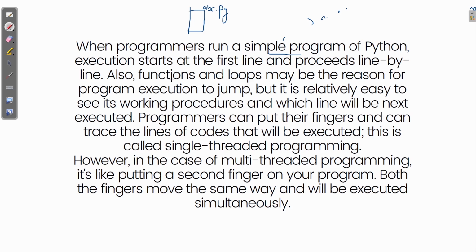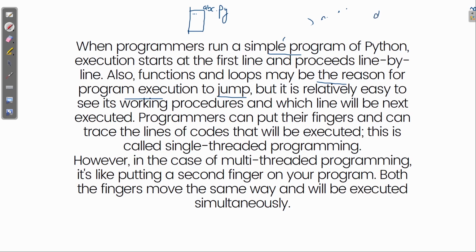Also, functions and loops may be the reason for program execution to jump. If we are assigning any variable, the interpreter will read that line. And when the interpreter reads a function, it is only when it is called.